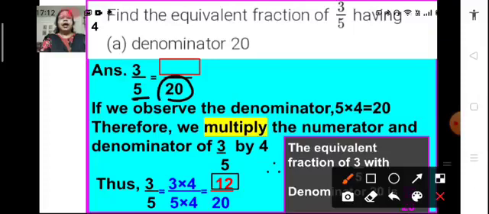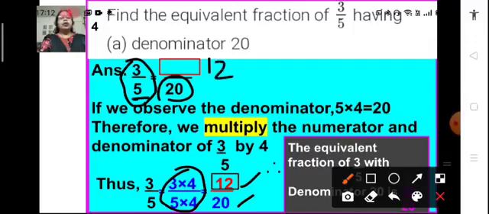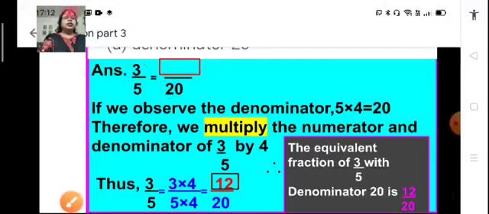That means we have to multiply this fraction 3 upon 5 by 4. The numerator and the denominator both have to be multiplied by 4. So if we multiply both the numerator and denominator by 4, what do we get? We get 12 upon 20. So the box will be filled by 12. 12 upon 20 is the equivalent fraction of 3 upon 5 with denominator 20.